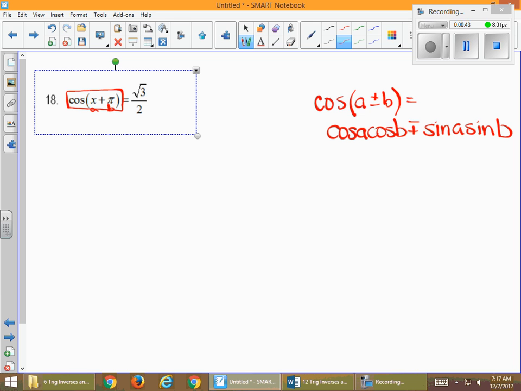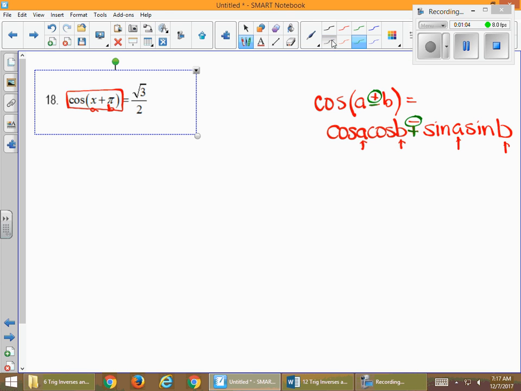And I kind of like to think of it as cosine of the first angle, cosine of the second angle, and sine of the first angle, sine of the second angle. The other thing to notice here is if you have a sum in the middle, you are subtracting. And if it was a minus, you'd be adding in the middle. Here we have a sum.